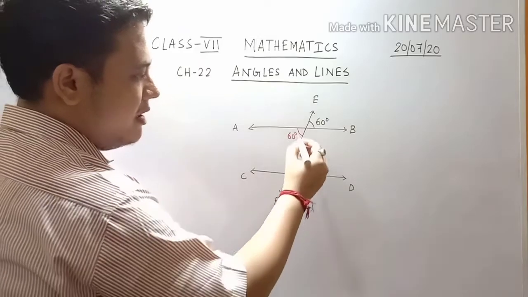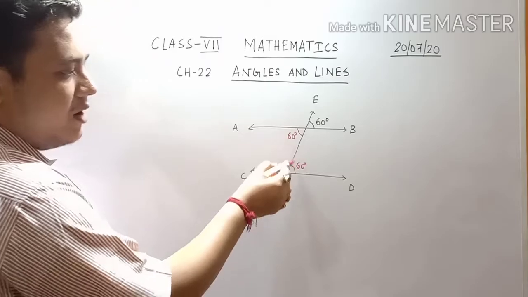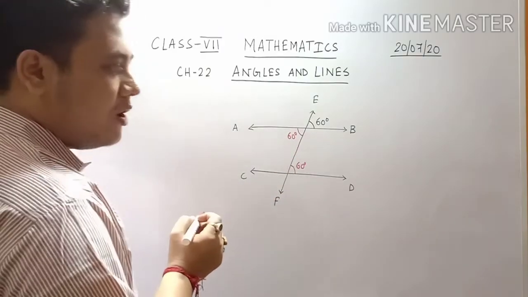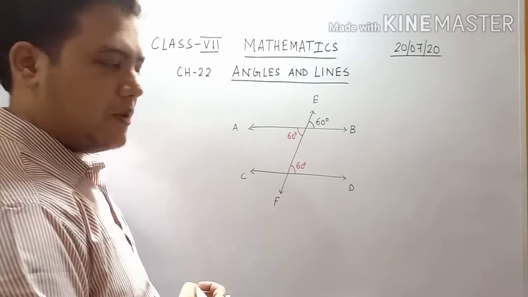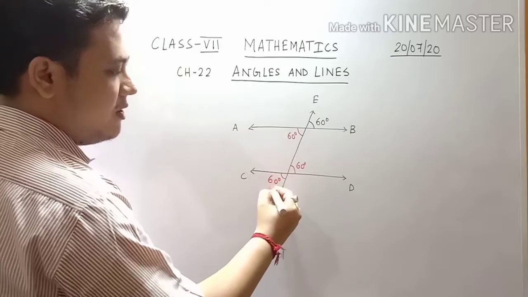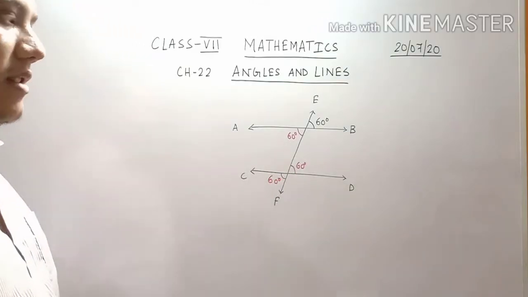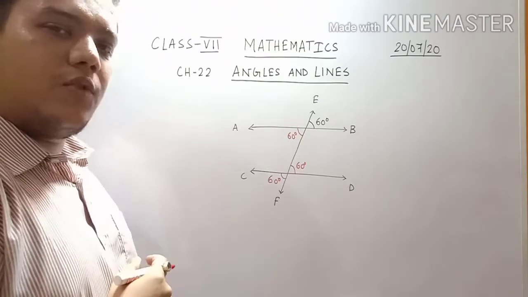Similarly, can we say that if this angle is 60 degrees, this is also 60 degrees because these angles are alternate angles? Or you can say that if this is 60, this is also 60 because they are corresponding angles. And similarly, this angle is also 60 degrees because they are vertically opposite angles. Now see, we have got a total of 4 angles and the remaining 4 angles are left out.